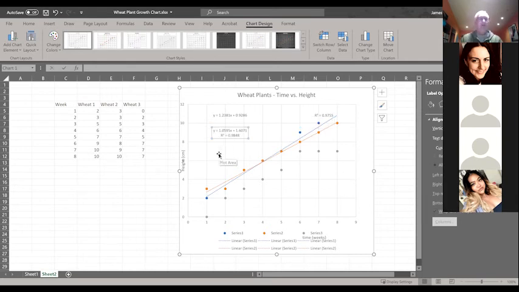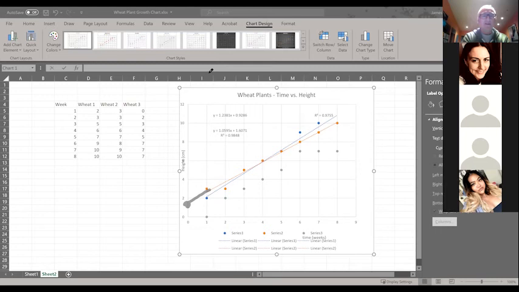And you can see that now my relationship is slightly different. The slope isn't quite as high. It's now y equals 1.06x, so it's not quite as steep as plant number 1. And the y-intercept is closer to 2, so the y-intercept comes down to about there.